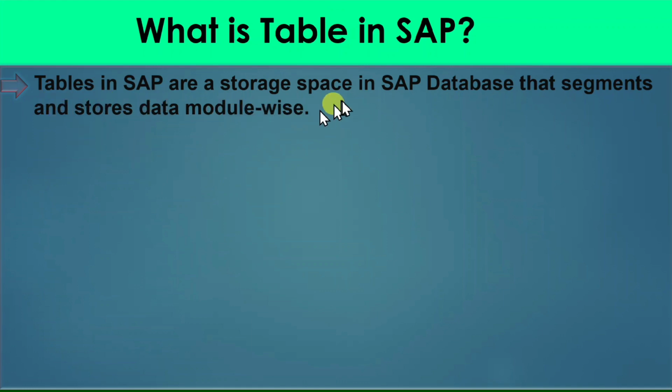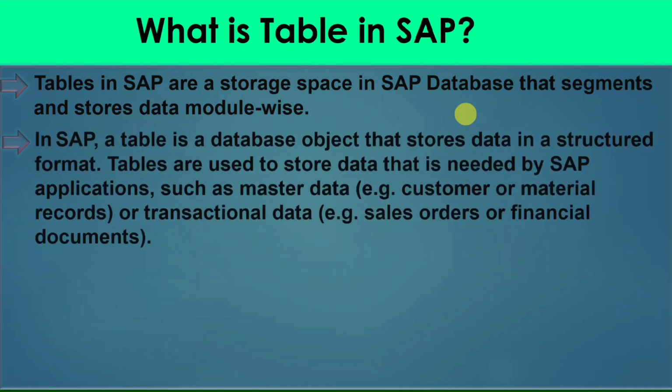Tables in SAP are storage space in the SAP database that segment the stored data module wise. A table in SAP is a database object that stores data in a structured format, and tables are used to store data that is needed by SAP applications.